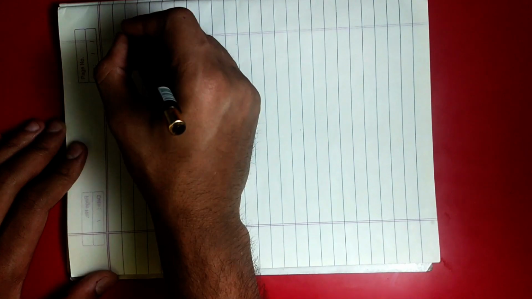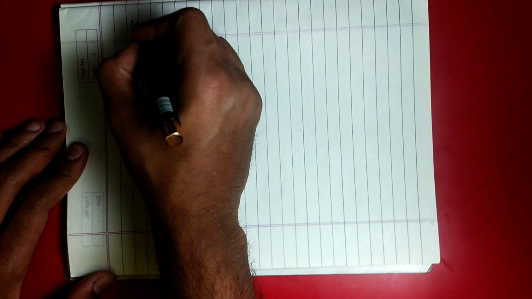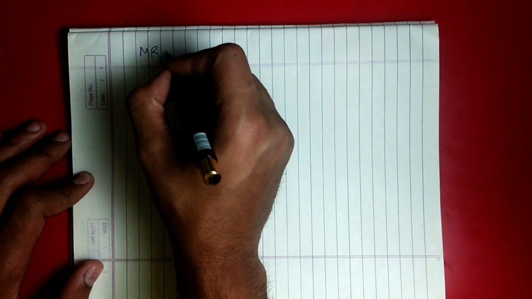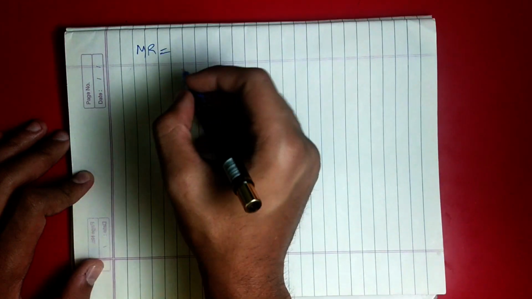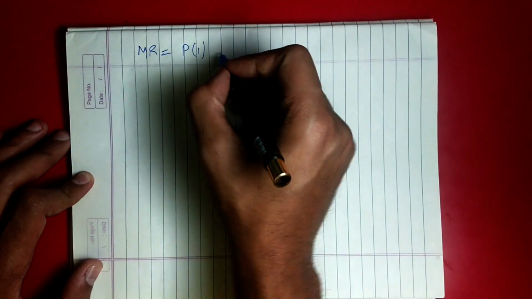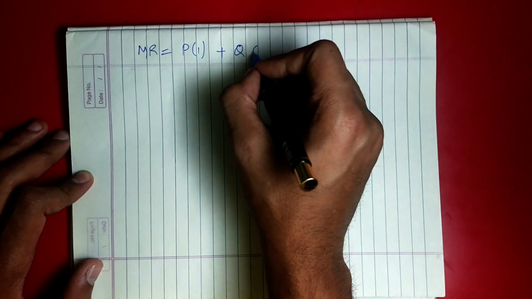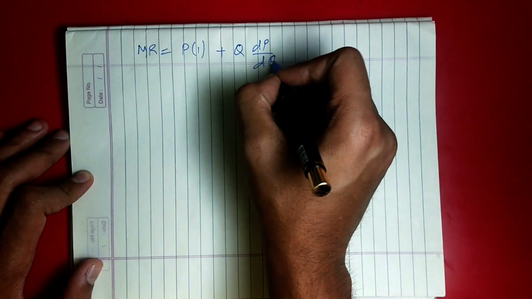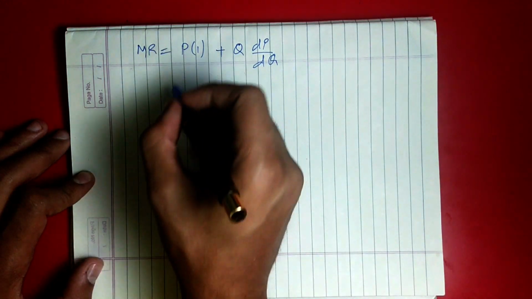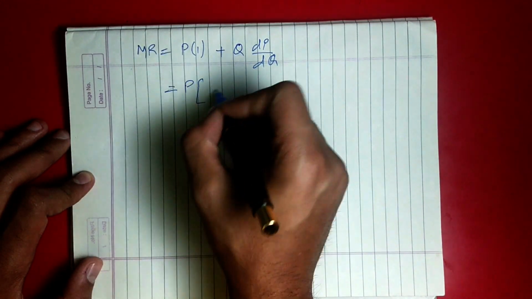So we will get MR. If we differentiate TR with respect to Q, first we get MR, and on this side we get P into 1 plus Q into dP by dQ. Right? Now I'll take P common outside.